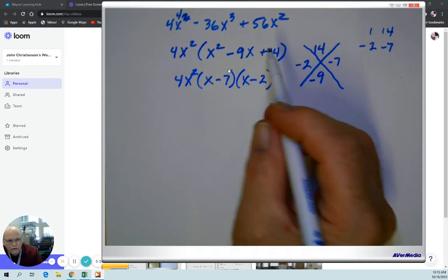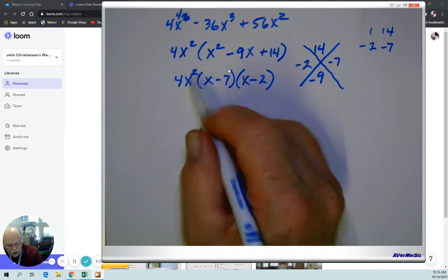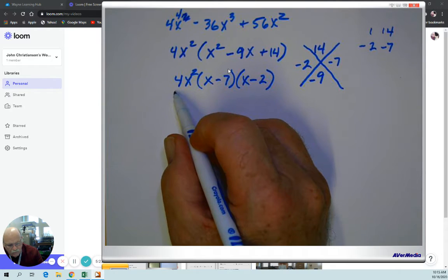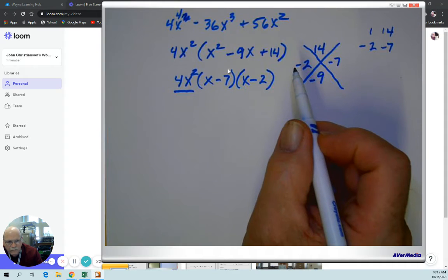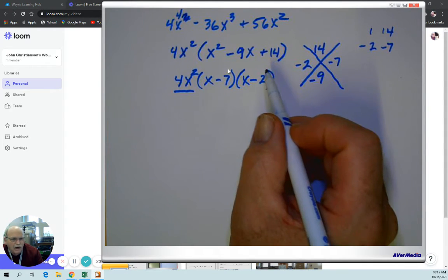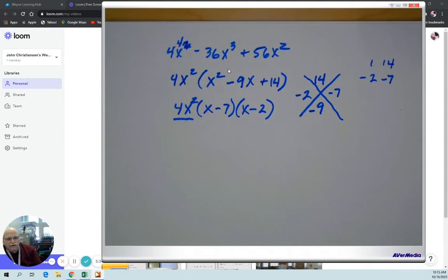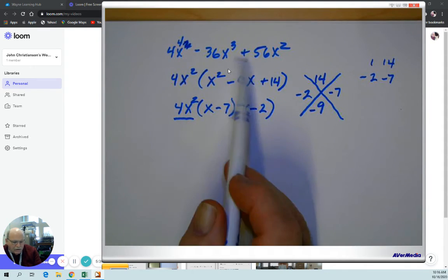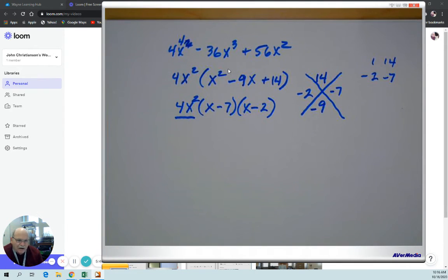You must remember to carry that greatest common factor that you took out and make sure it's in your final answer written this way. Okay? So, not complete, just keep that in mind. If you didn't factor it out, you would still be able to factor this. It would just be a lot harder.